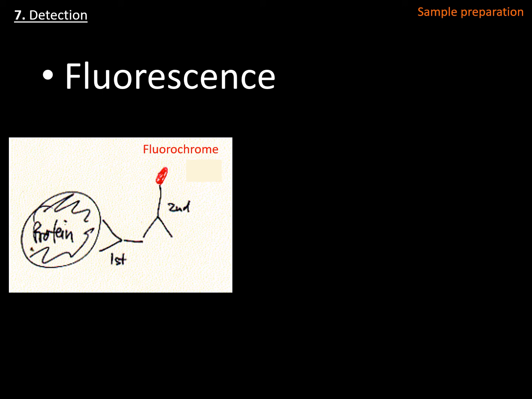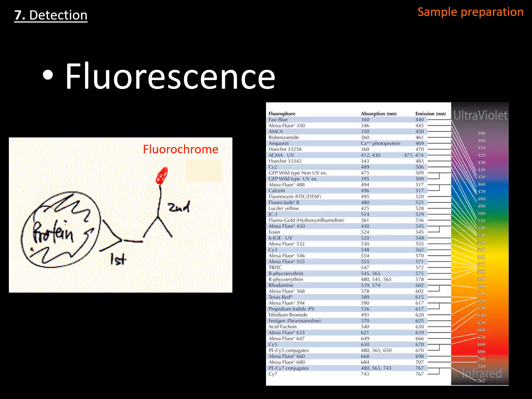Basically, your primary antibody binds to your protein of interest, and then the secondary antibody, which is already bound with the fluorochrome, binds to the primary antibody, and one molecule stains one molecule. Fluorescence as well has a huge amount of advantages.